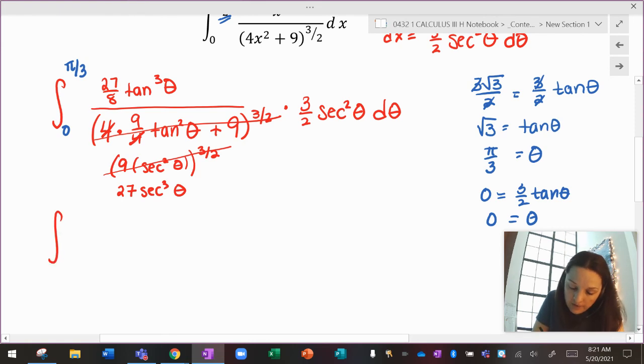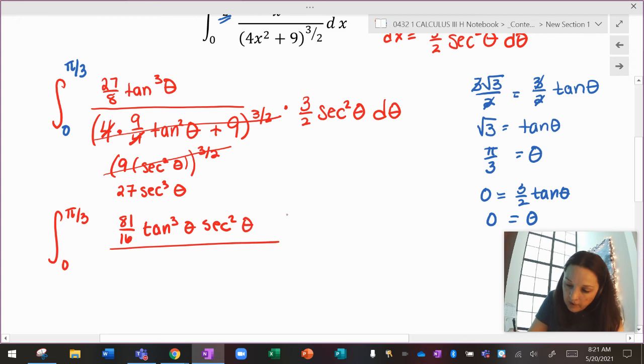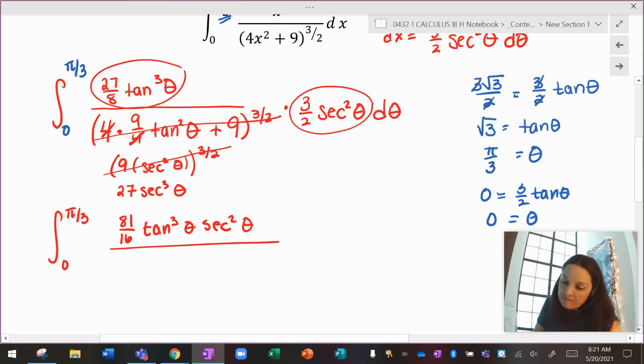Okay, so I have the integral from 0 to pi over 3. Up top, I'm going to have 81/16 tan cubed theta secant squared theta. I basically combined these two by multiplying. And then in my denominator, after all that work, I have 27 secant cubed theta d theta.